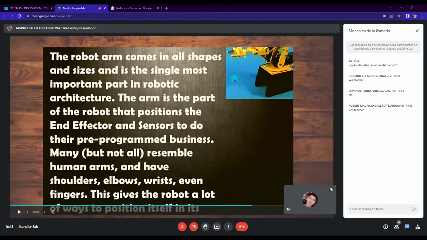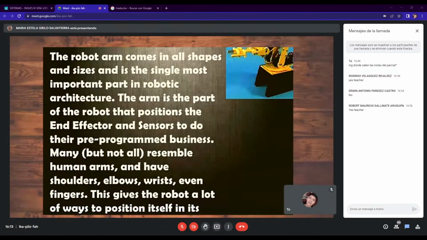Okay, they have different shapes. We are going to have different shapes, and let's check that they are like human beings. They are going to be able to do many activities, not some, many activities that are similar to human beings.